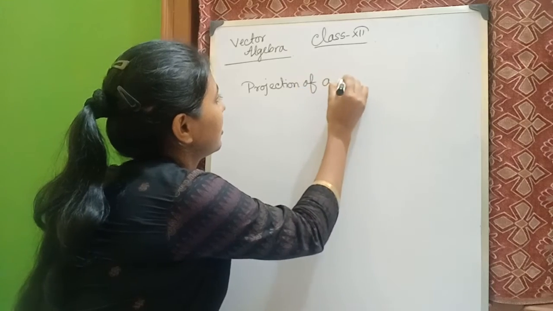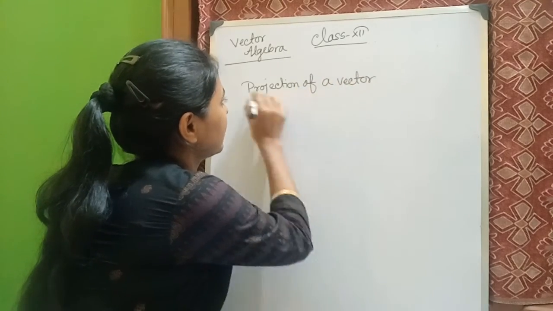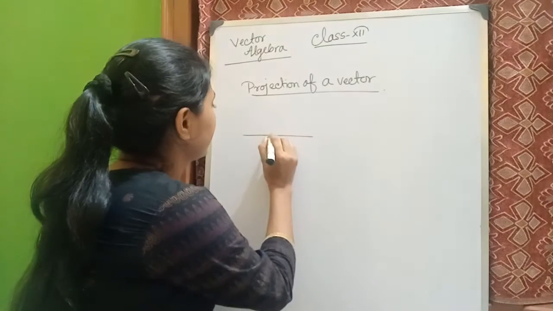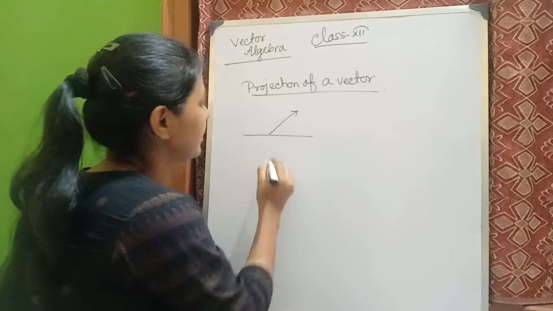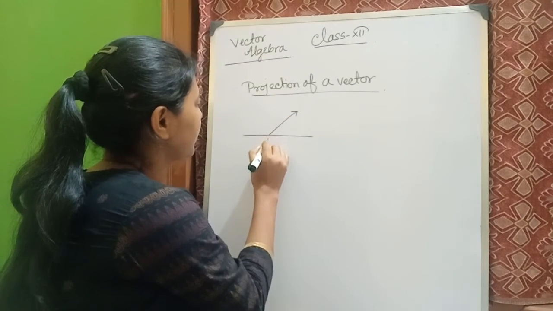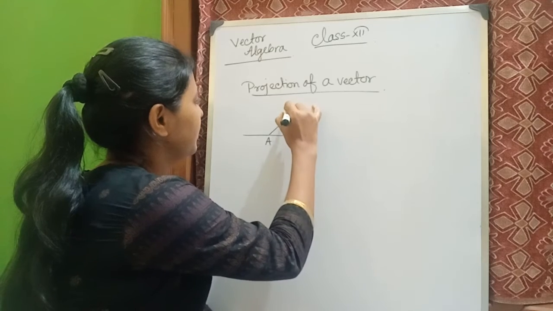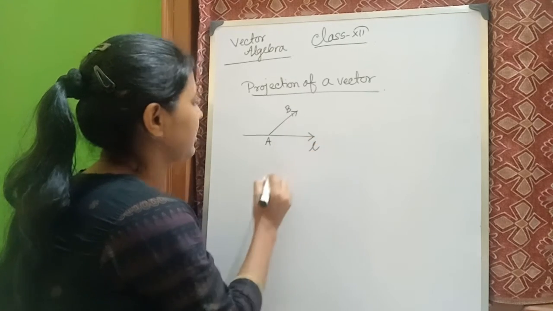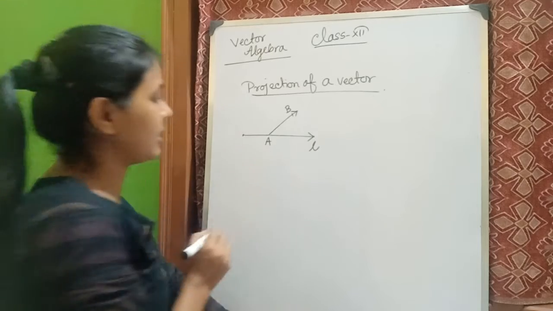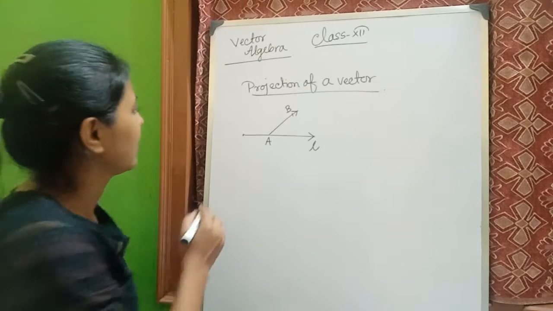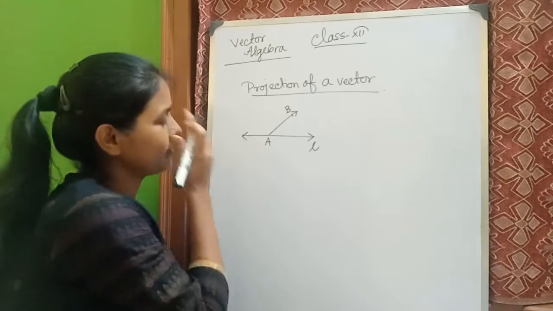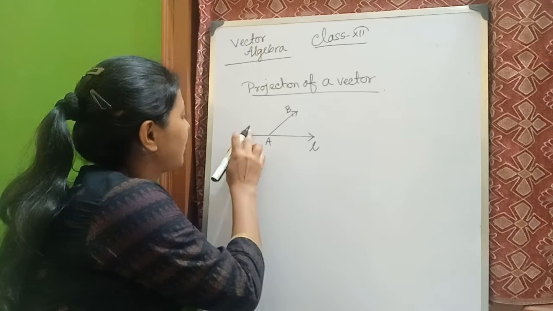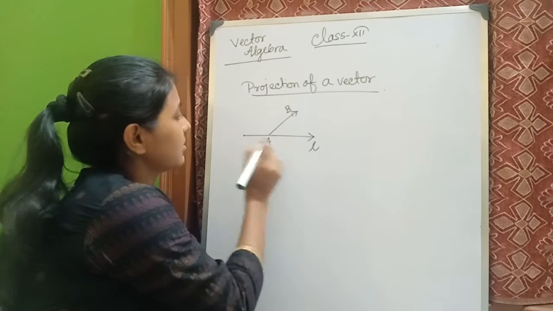Projection of a vector. For this, I am drawing a sketch like this. Suppose this is A, this is B, this is the vector L or the line L, you can say.